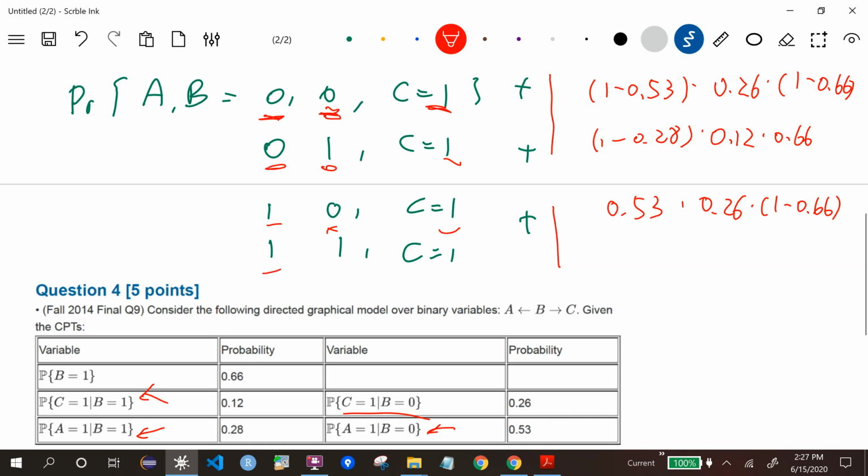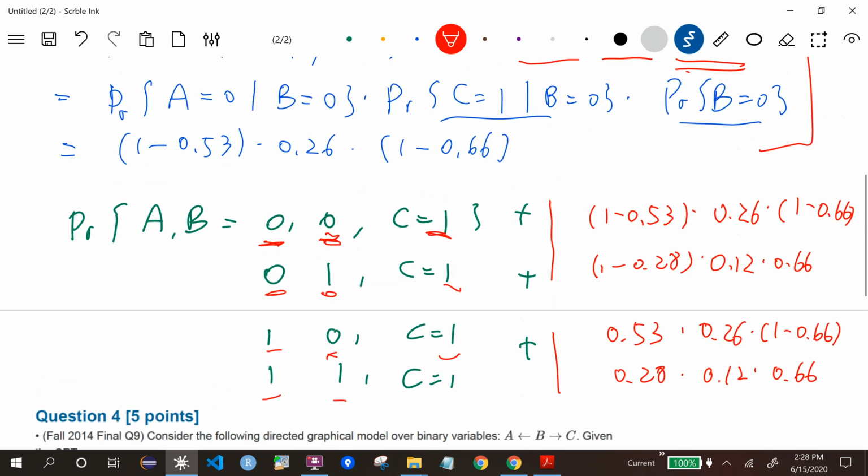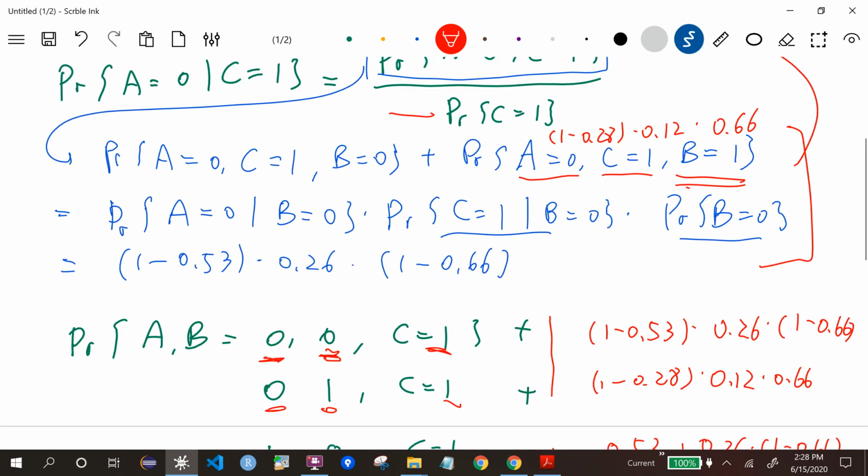A is 1 given B is 1, so it's 0.28. The next one is C is 1 given B is 1, this one is 0.12. And at the end, B is 1. These are very nice. So we add all 4 of these up, and then we get our denominator.